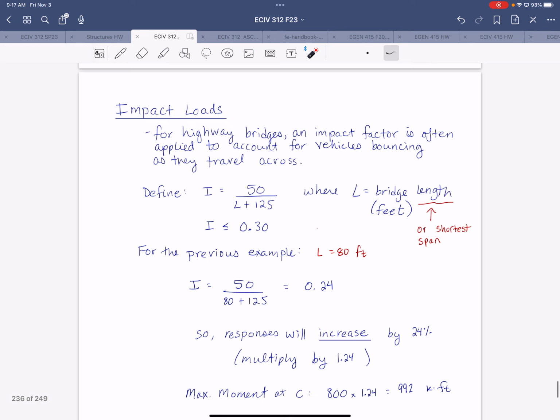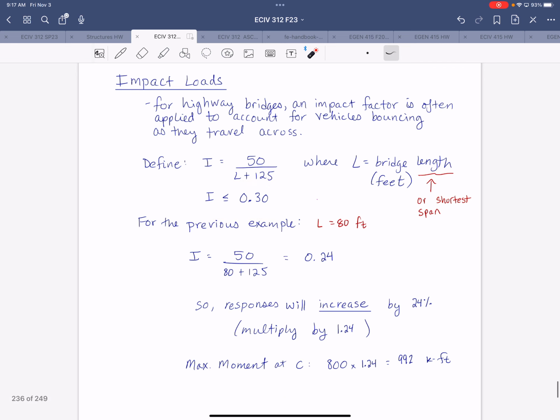So the impact factor has historically been defined by AASHTO as 50 divided by the length of the bridge plus 125. Or if you have multiple spans in the bridge, you can use the shortest span for a more conservative impact factor. However, it says that the impact factor doesn't have to be greater than 0.3. So that means you would increase your loads by up to 30% to account for that impact.